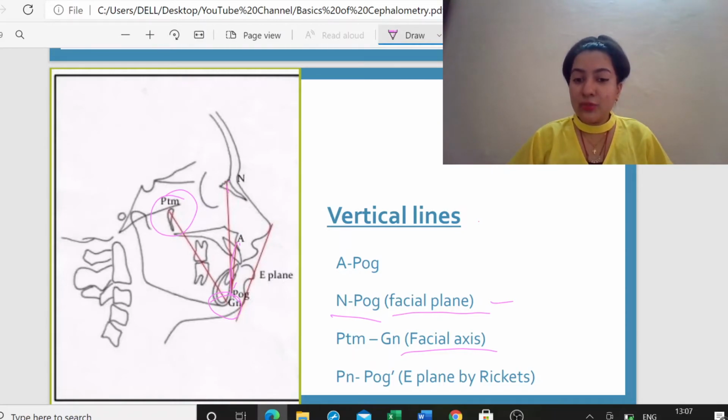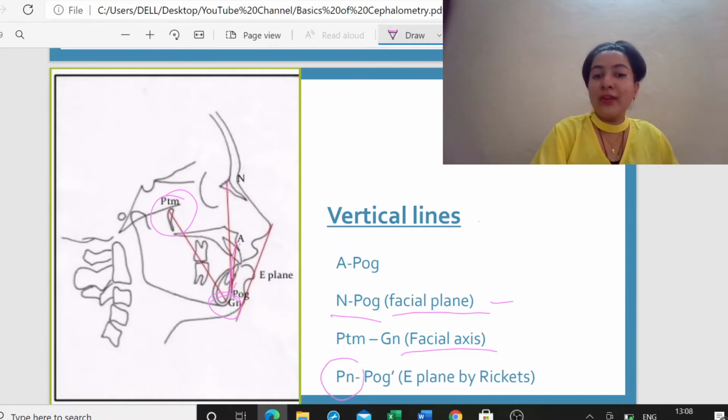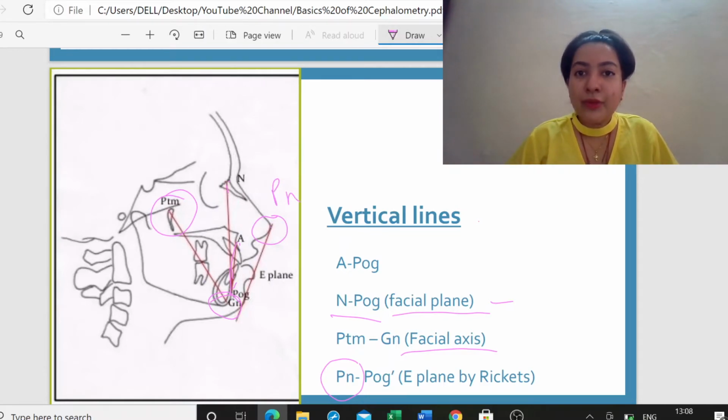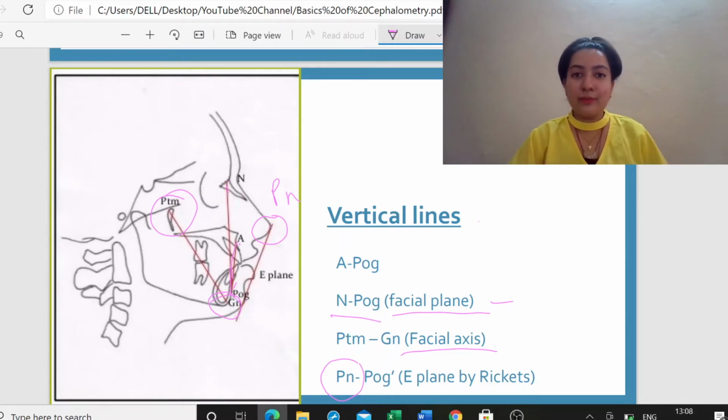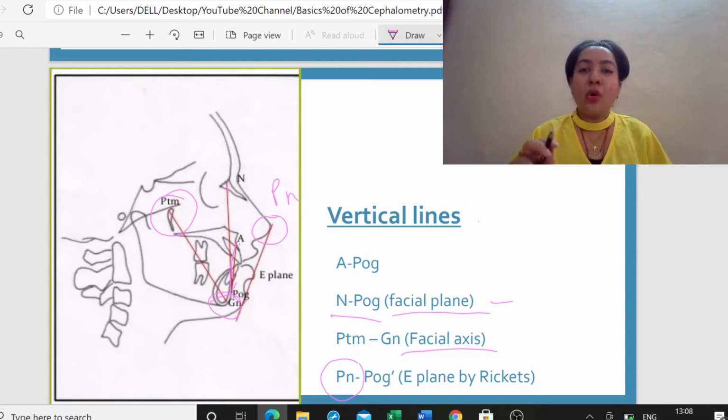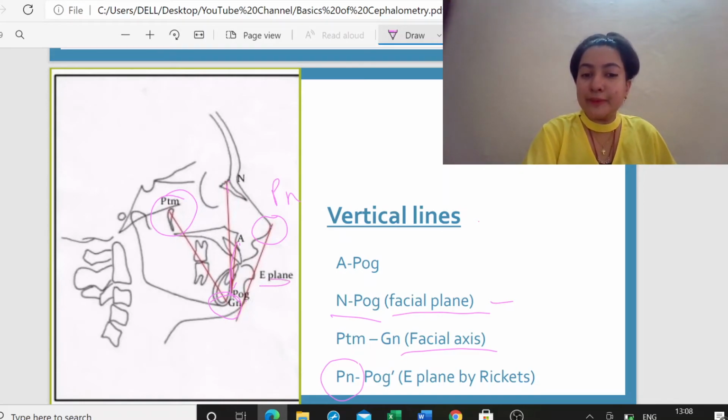The last line which we see over here is PN, which is known as pronasal. Pronasal is your soft tissue landmark present at the tip of your nose. So this area which you see is your PN, which is known as pronasal. So when pronasal and pogonion dash, these two landmarks are identified and the line is drawn, we get an E plane.